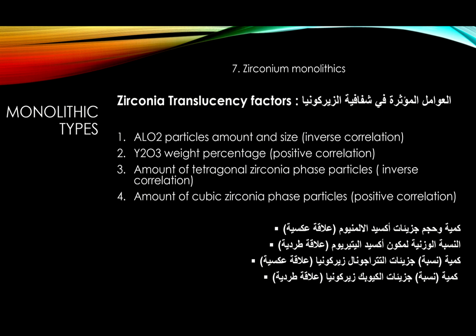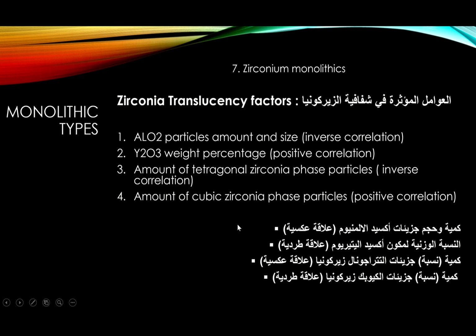Now when you talk about yttrium oxide weight percentage, it's a positive correlation. The more yttrium oxide inside the zirconia, the more translucent it is. Then we talk about the amount of tetragonal zirconia phase particles, inverse correlation. The more tetragonal, yes, it is stronger, but it has less translucency. In this slide, we're talking about translucency. So more tetragonal, less translucency, while more cubic zirconia phase gives a positive correlation, more translucency.